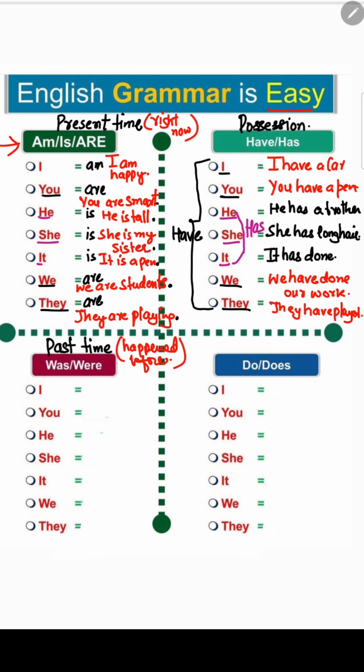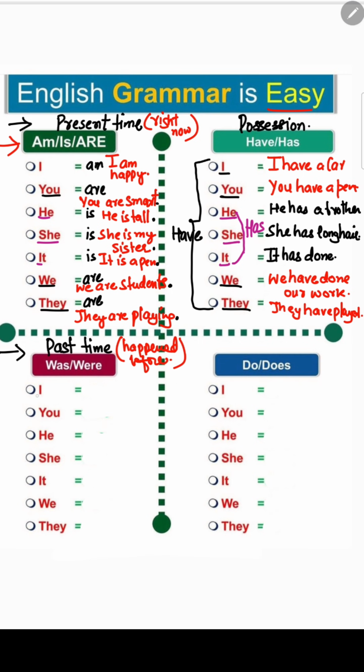The logic is same, but the time changes. Here is present time. We use is, am, are for present time, and here we use was, were for past time.